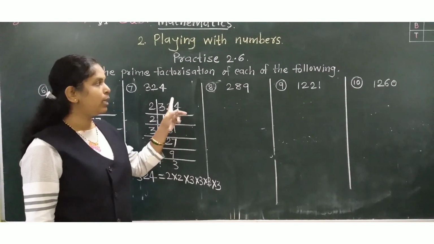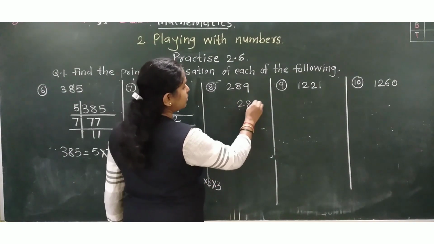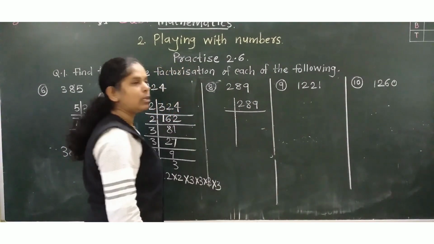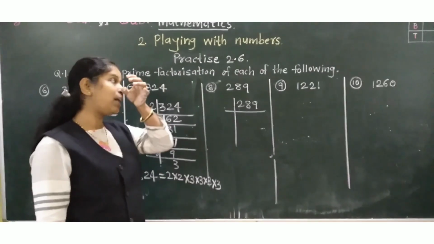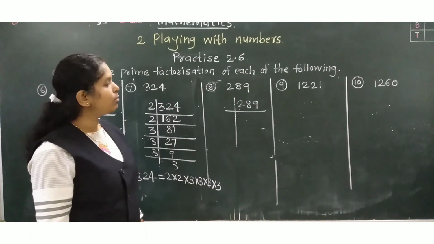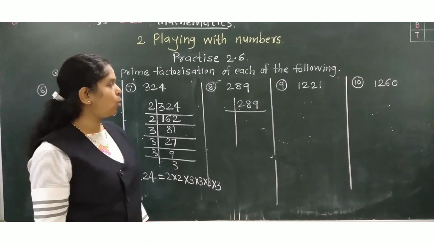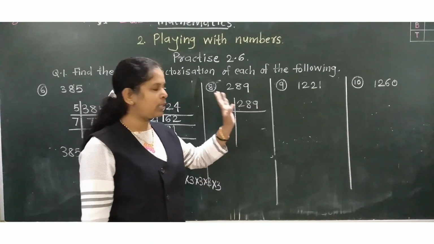Okay. Next is 289. Now 289. Can we divide this number? What can we divide it by? See, can we divide it by 2? No. By 3? 8 plus 2, 10 plus 9, 19.